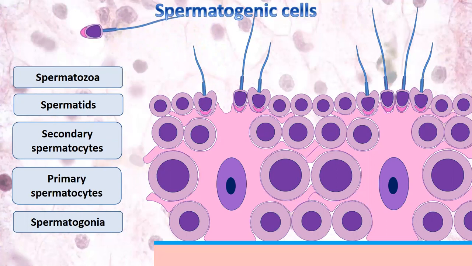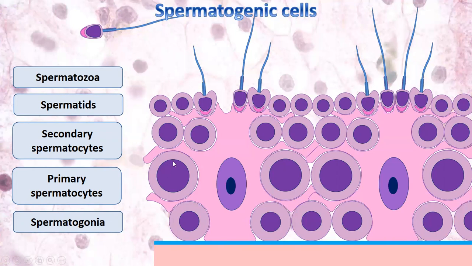So there are spermatozoa. The cells go through the following stages: the earliest stage is spermatogonia, later it becomes a primary spermatocyte, later a secondary spermatocyte, later a spermatid, and the last, final stage is the spermatozoon. We can see that the youngest cells are located near the basal layer. There are spermatogonia. Next are primary spermatocytes, located above spermatogonia.